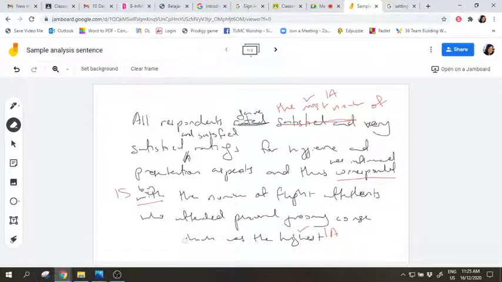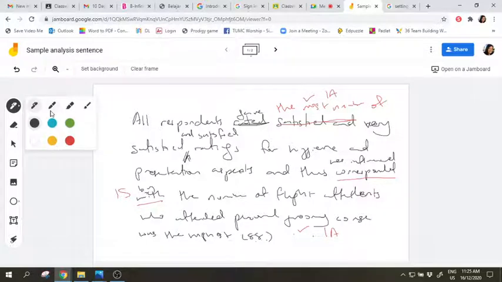Okay, you all get the sentence so far? Clear? So you have here another analysis because of the word highest.